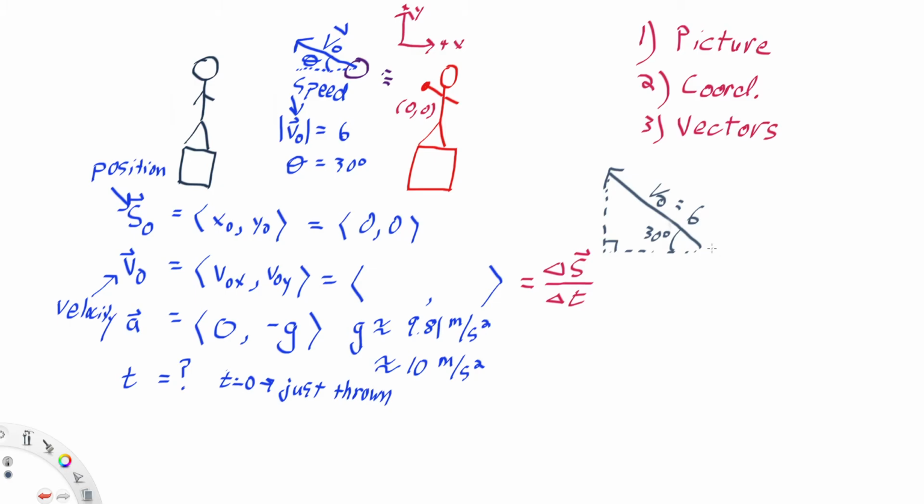Well, we can use the tools that we developed on the last page and say that the x part here has to be hypotenuse times cosine of the angle. And in the y direction, it's got to be hypotenuse times sine of the angle.